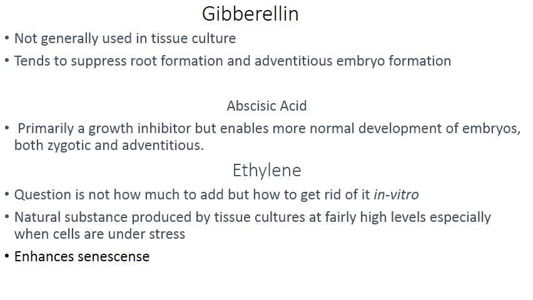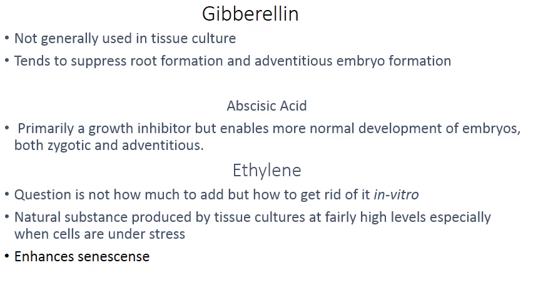Here we will see the important characters of gibberellin, abscisic acid and ethylene. Gibberellin is not generally used in tissue culture. Gibberellin tends to suppress root formation and adventitious embryo formation, whereas abscisic acid is primarily a growth inhibitor but enables more normal development of embryos, both zygotic and adventitious. As for ethylene, the question is not how much to add but how to get rid of it in vitro.